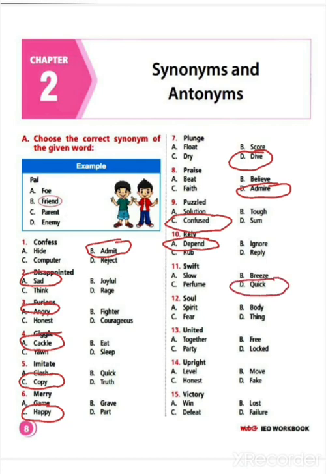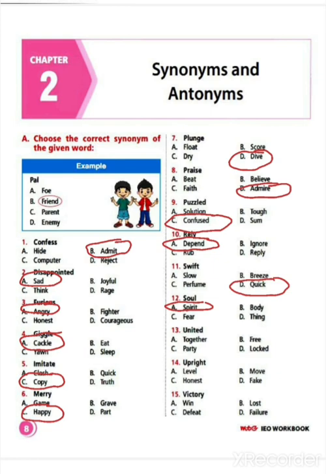So quick will become the synonym. Number 12, soul. For the synonyms, the options are spirit, fear, body, thing. So soul and spirit are similar. So spirit becomes your synonym.